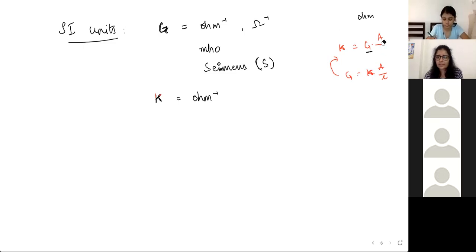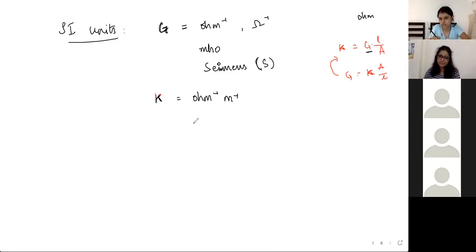A by L, taking it to the other side will be inverse. So this should be G into L by A. G is ohm inverse, L is meter, so ohm inverse meter inverse.